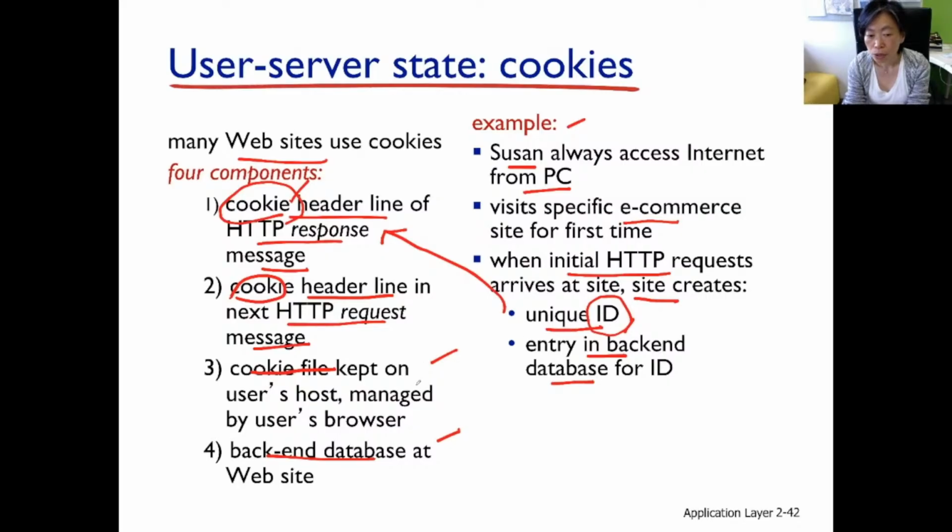The local hard disk Susan has will have that entry set up in the cookie file. The message then goes back to the server, carrying that special ID that Susan has allowed to set up. At this point, the server finally enters the entry into the backend database. That's the way it works.